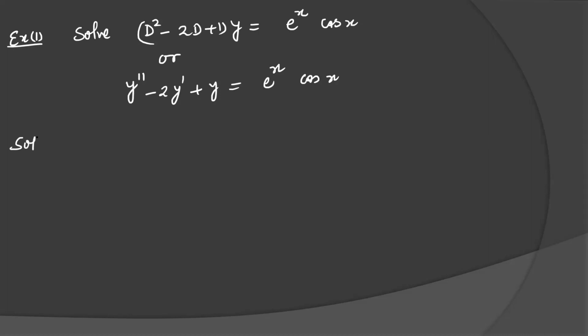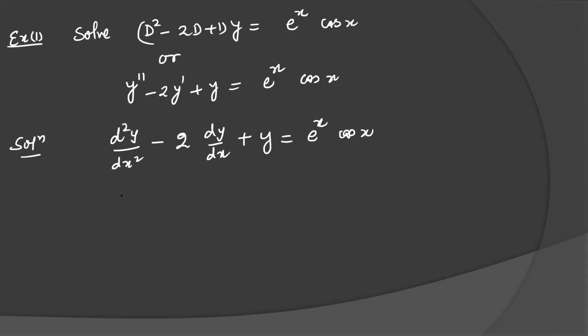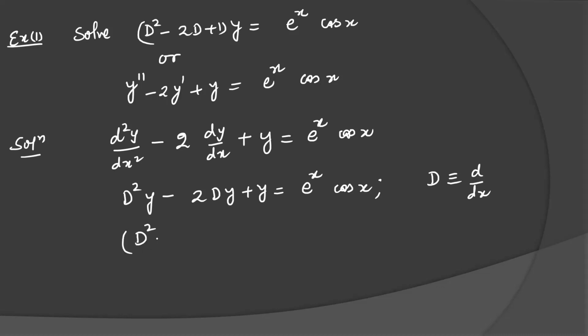So y double dash is d2y by dx2, minus 2 dy by dx, plus y equal to e to the power x into cos x. Here D is the d by dx operator, and we can write (D squared minus 2D plus 1) y equal to e to the power x cos x. We generally call it capital F(D).